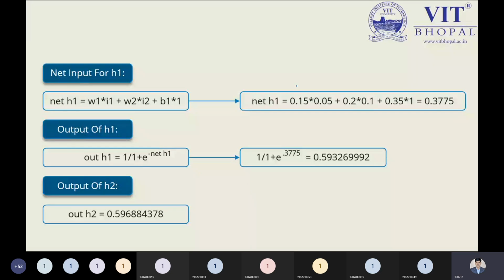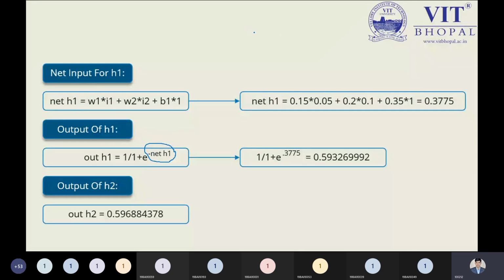So now if we need to calculate the out value of the H1, as I'm saying once again, this is the net value of the H1.